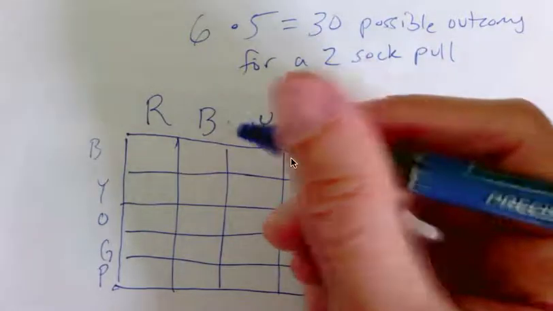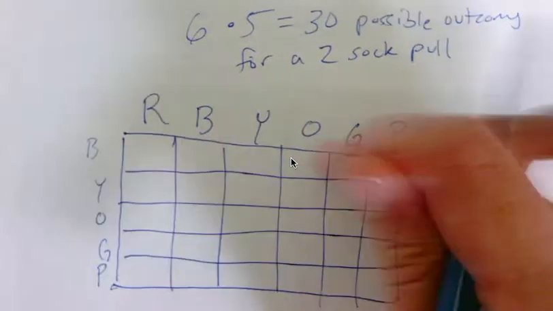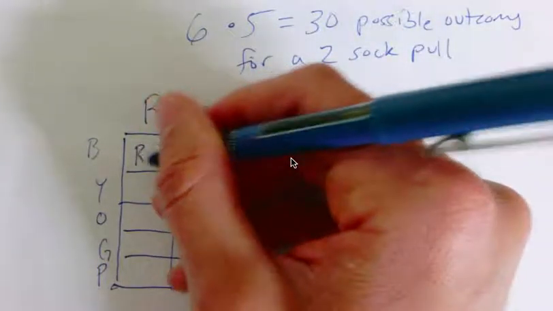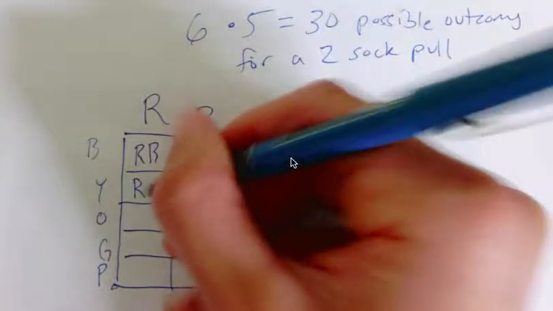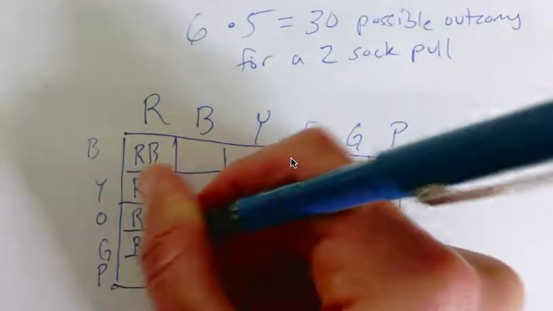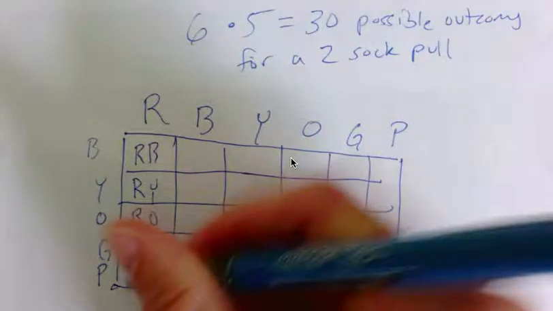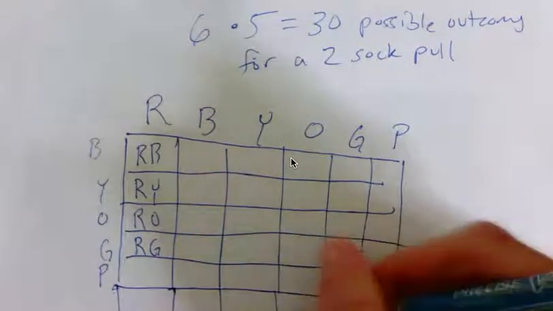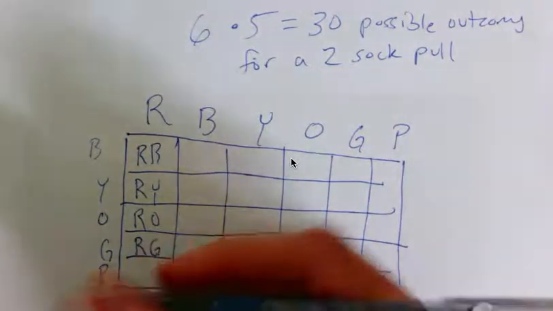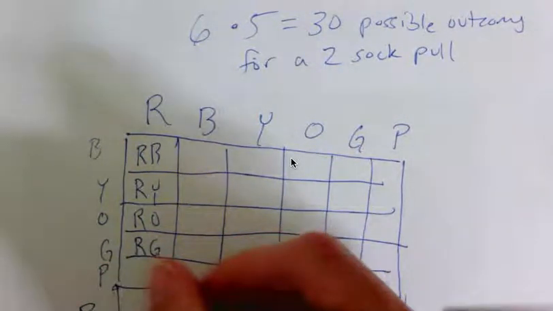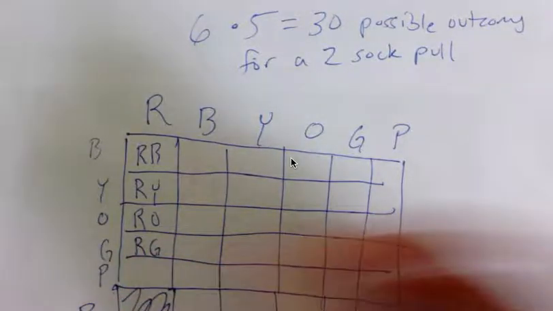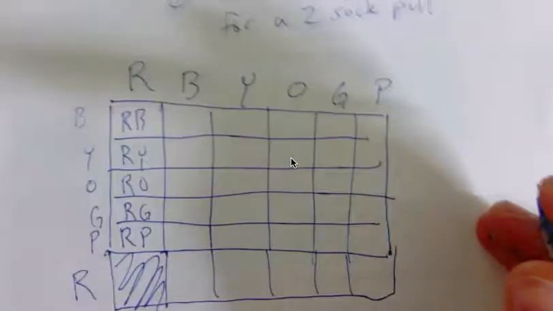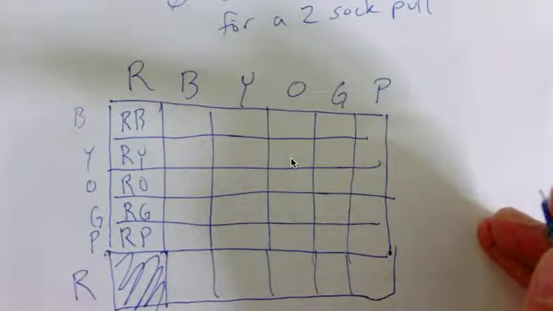Maybe the way we use this, because I love that this shows us there's 30 possible outcomes, and we know that there are 30 possible outcomes, but maybe we need to use this as red, blue, red, yellow, red, orange, red, green, or maybe we need to just add all the colors on the outside. We could add red, red, and then we could say this is not a possible outcome. So we could just leave that one blank. So maybe that's a way to use the box diagram to show the possible outcomes.